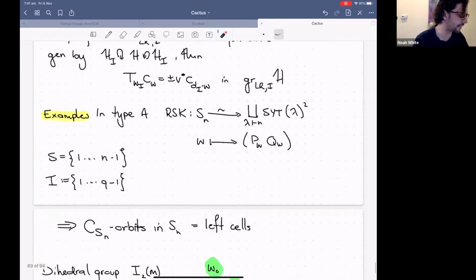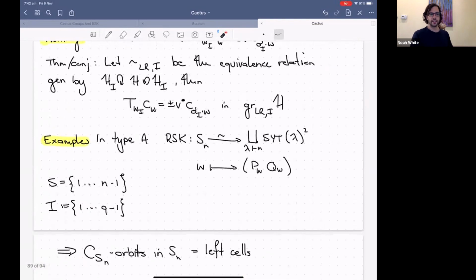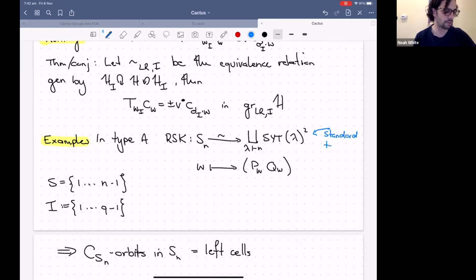So let's talk about examples of this Cactus Group action. Let me tell you what it is in type A. In type A, we have a nice description of the symmetric group using the RSK correspondence. What this basically says is that knowing a permutation is the same as knowing a pair of standard tableaux.